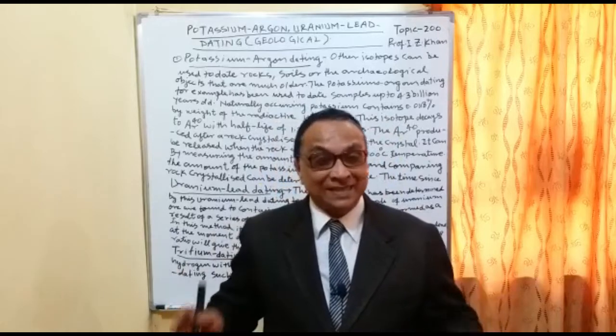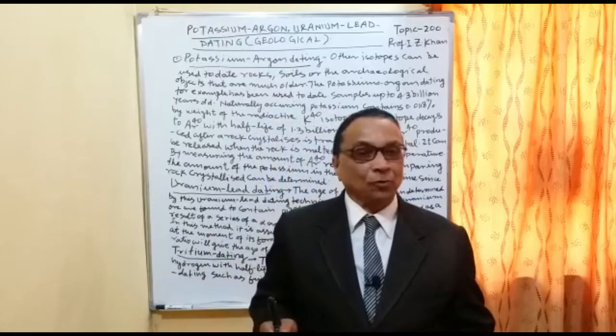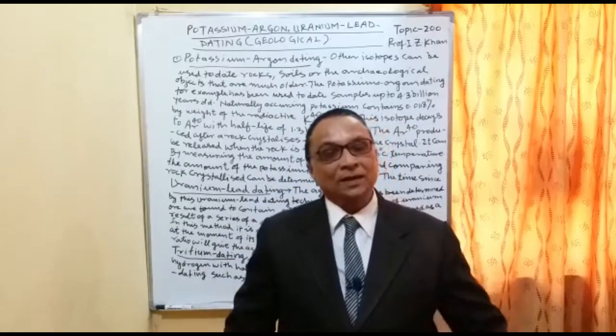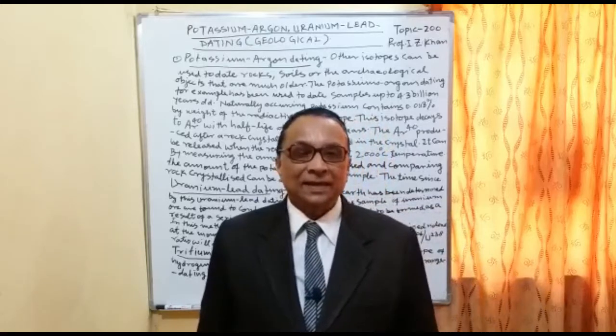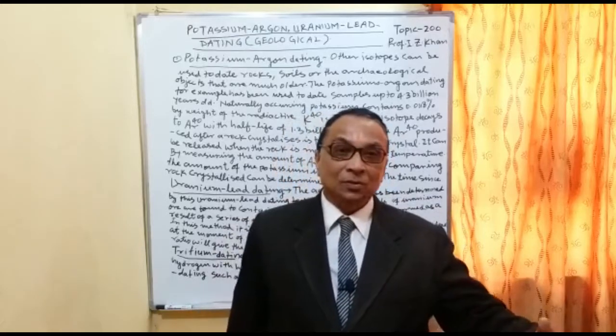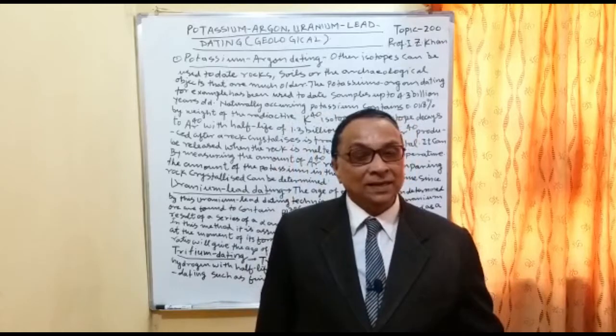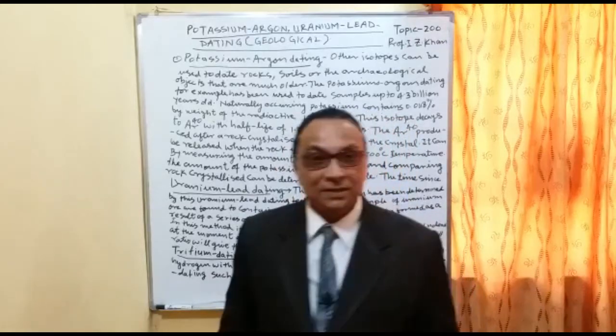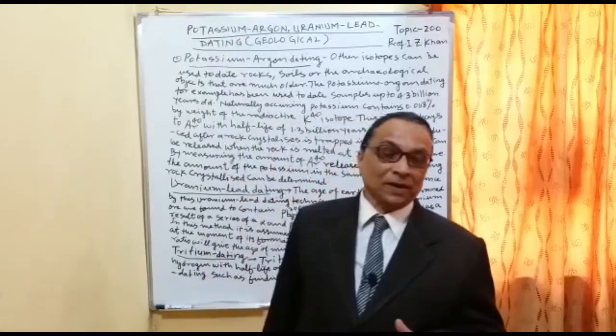So by comparing the ratio of K40 and Ar40, you can conclude that the age of the rock is 1 billion years, 2 billion years, or 500 years old. That is used for that purpose.